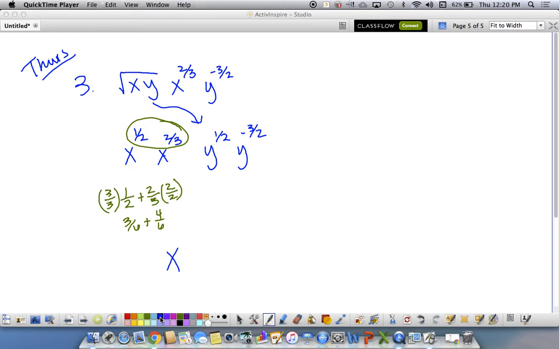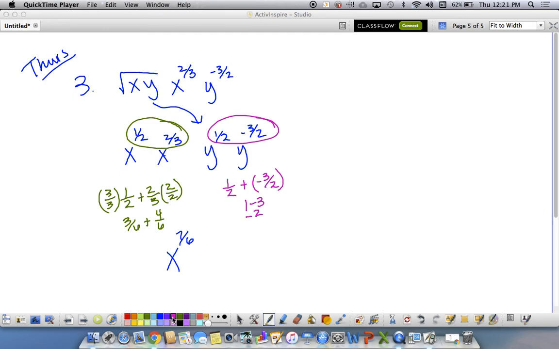X raised to the 7/6. Correct. Now what about my y's? They already have common denominators. I'm so happy. So now I'm going to add a -3/2. 1/2 plus a -3/2 is really minus. What's 1 minus 3? That is -2.